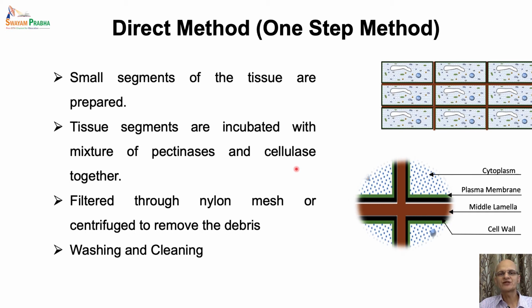So the small tissue segments of the target tissue are prepared and are incubated with the pectinases and cellulases in optimal conditions of pH and temperature. The time taken to complete the digestion may vary among different plants and needs to be optimized. After the digestions are complete, the solution is filtered and the protoplast may be washed to clean up.